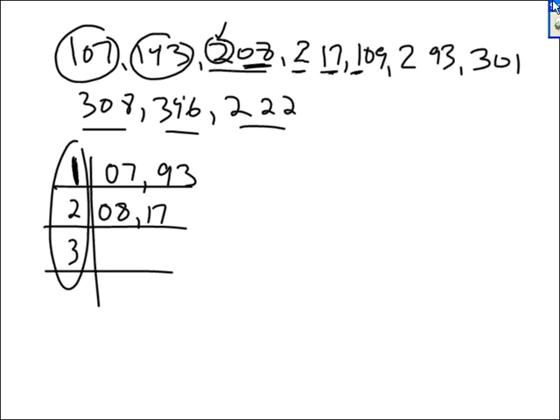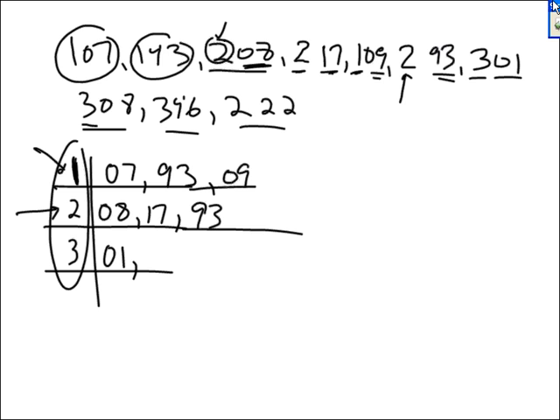The stem should be 1, which is right there, and then I put 09 as a leaf. The stem is 2, the leaf is 93. So I go to the stem that's 2, and in the leaf I write 93. 3 is the stem, and then 01 is the leaf. 3 is the stem, 08 is the leaf. 3 is the stem, 96 is the leaf. 2 is the stem, 22 is the leaf.